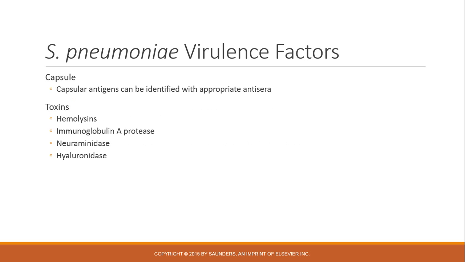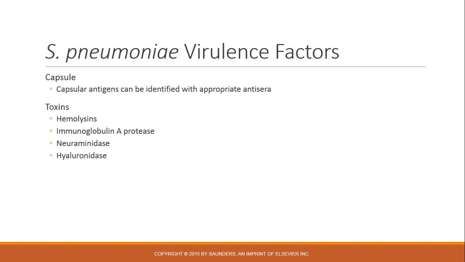Strep pneumo. So virulence factors for strep pneumo, many strains have this capsule, which can make it more difficult to treat. We can also use certain kinds of antisera to help us identify strep pneumo if it has this capsule, because it has these additional antigens.